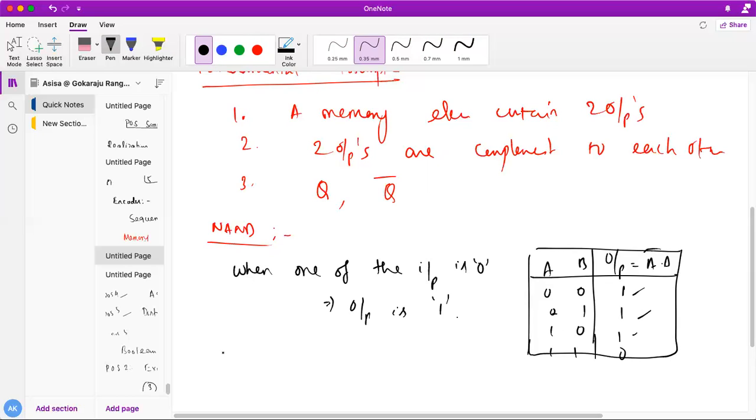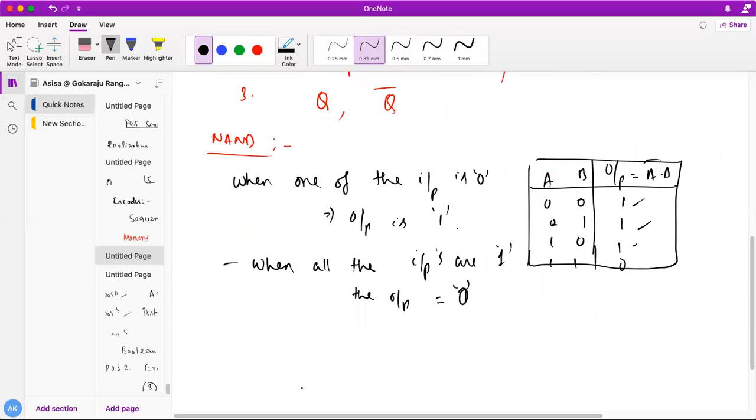When all the inputs are 1, what will I get? When all the inputs are 1, then my output is 0. Next, when one of the inputs is 1, now tell me, what am I expecting?